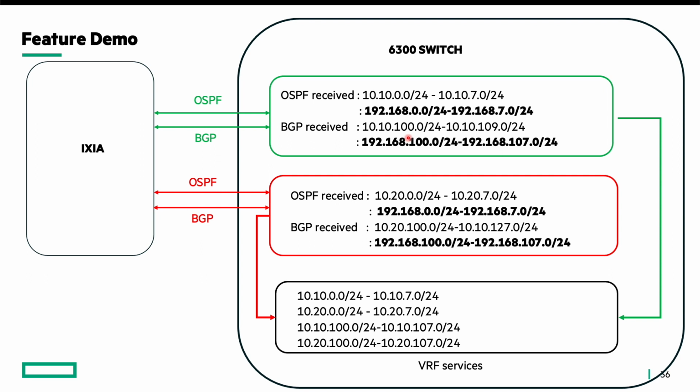As you can see, in the green VRF I have some 192.168 subnets, and it's exactly the same in the green and the red. So you'll see what happens by default, and we will apply a route map to deny this 192.168. So now let's switch to the CLI.